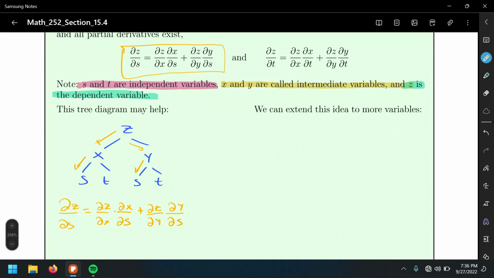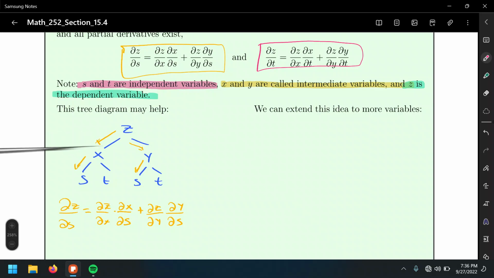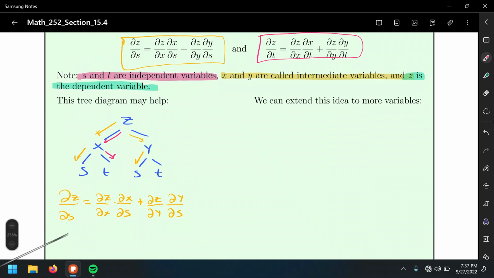Now, to get the other expression, that is the partial derivative of the function z with respect to t, what are we going to do here? Instead, we're going to go z with respect to x and then x with respect to t. So that is partial z with respect to t: the partial of z with respect to x, and then we're going to differentiate x with respect to t.